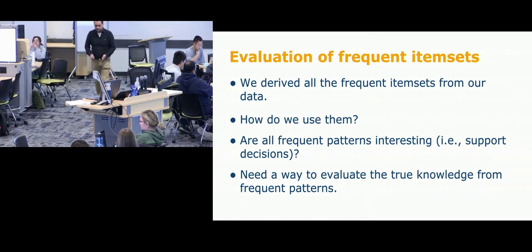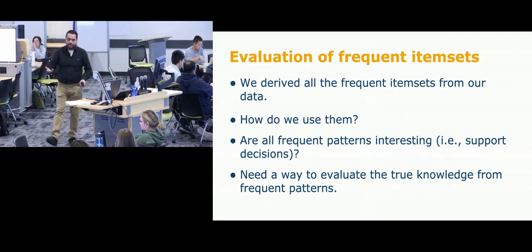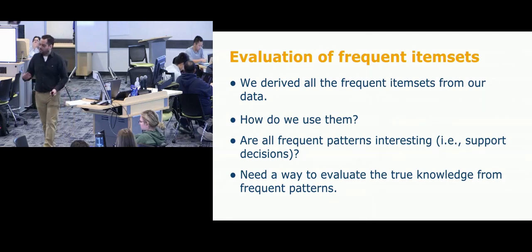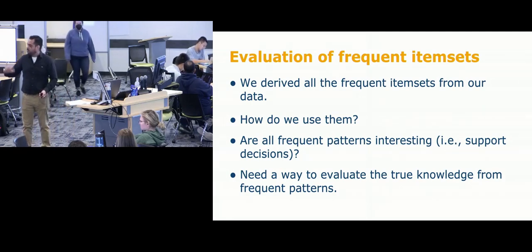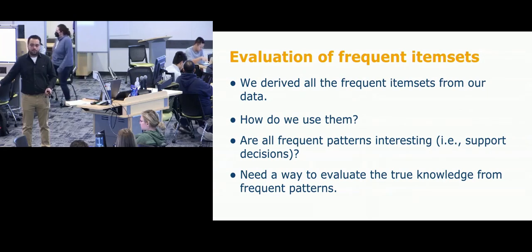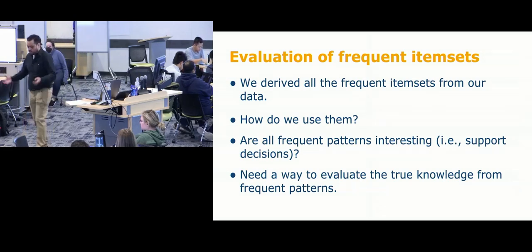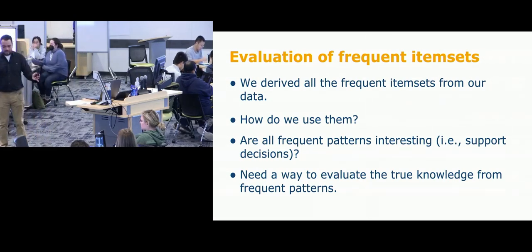But even if there is some reasonable way to compute the minimum support for a given application, are all frequent patterns interesting? Would they all support decisions of the management or the data mining division at some company? So we need a way to evaluate what is the true knowledge from the frequent patterns. The database contains some raw data, and from raw data we have extracted some knowledge, right?